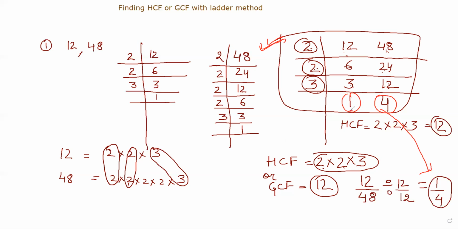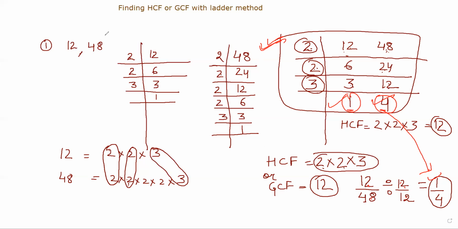The remainders which I get, 1 and 4, is my lowest form of the fraction. If I divide 12 by 48, both by 12, I would get 1 and 4, which is exactly the same as what I'm getting over here. Okay, so two methods we have learned today.